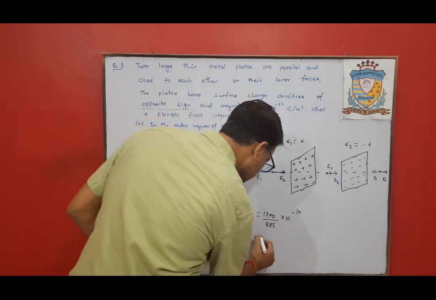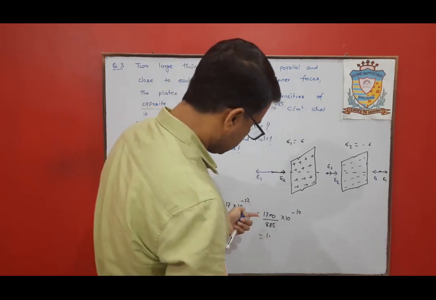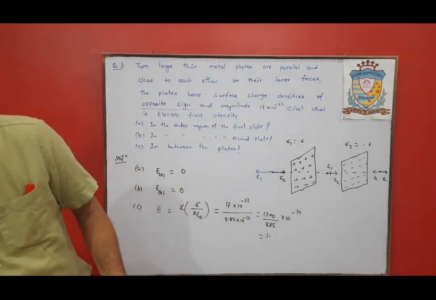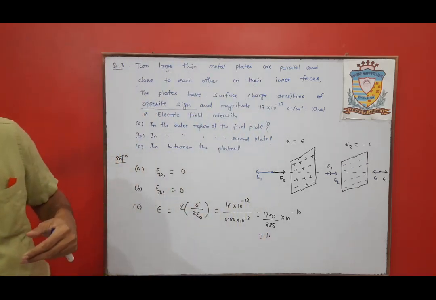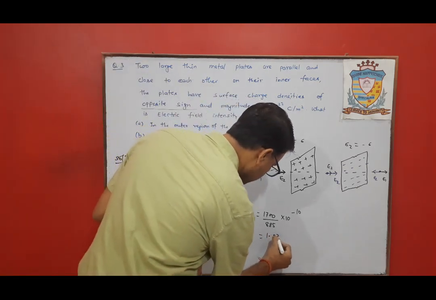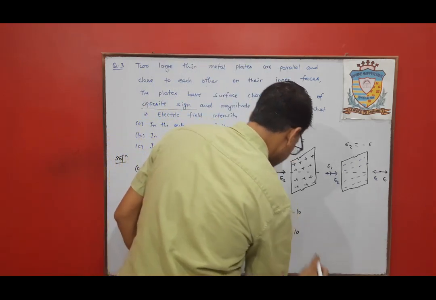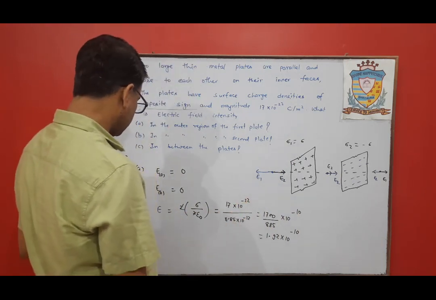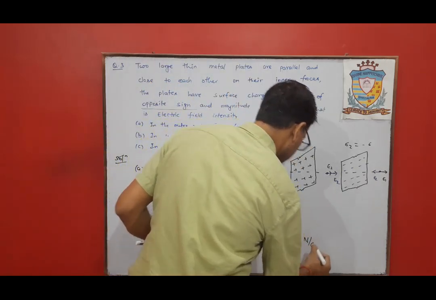Here it comes to around 1.92 into 10 to the power minus 10 Newton per Coulomb.